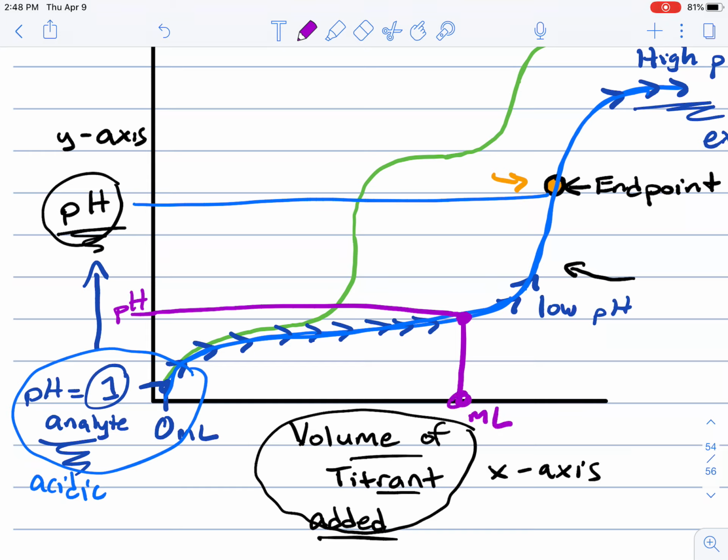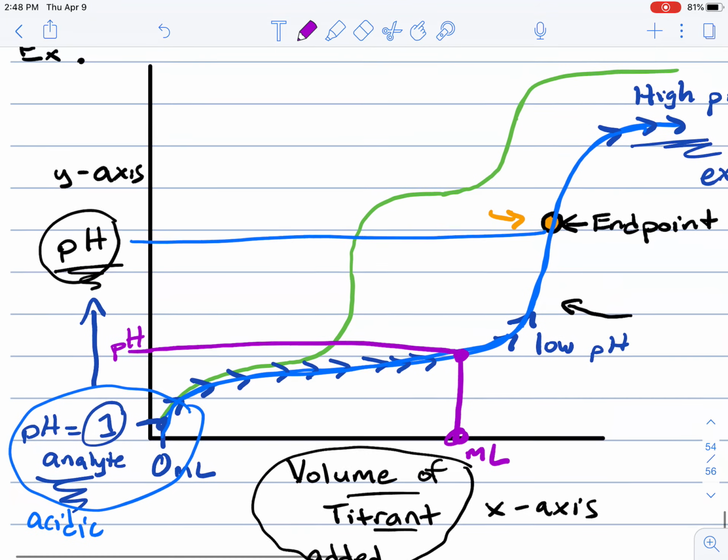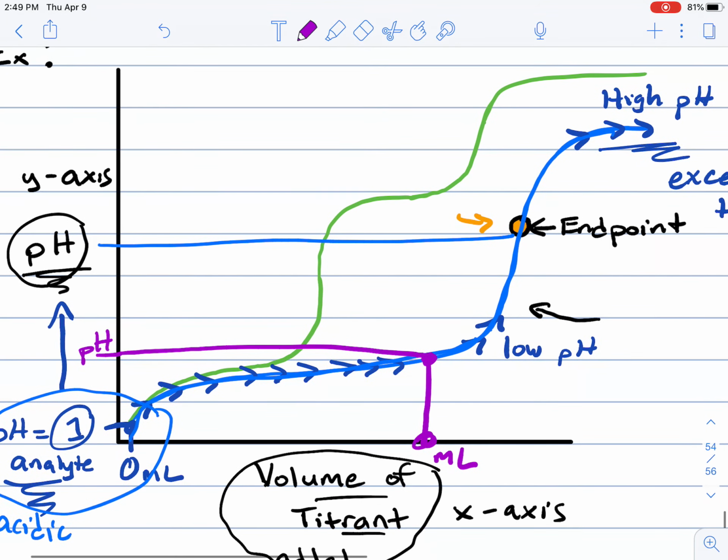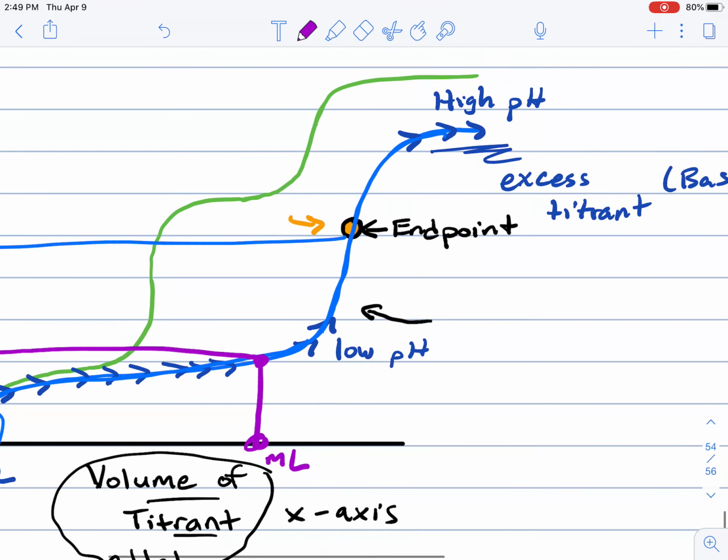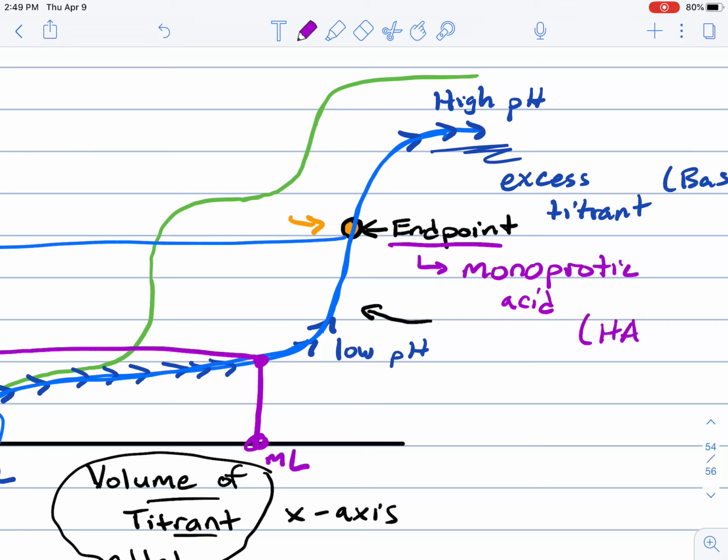And so the volume of the titrant is typically expressed in milliliters. This also tells you that since there's one endpoint, this is a monoprotic acid. In other words, it's just HA.